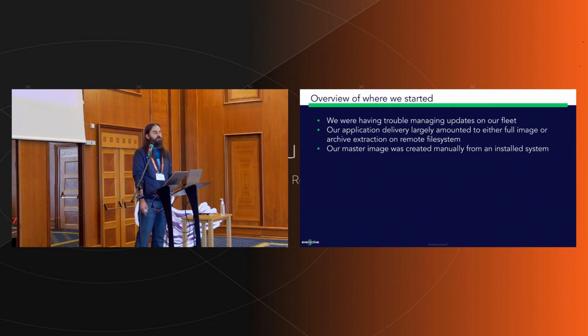A big pain point at that time was how we were delivering our applications. Essentially, we had two methods. We could either flash a device from scratch, essentially a factory image, or we would deliver a tar archive remotely via SaltStack and essentially extract that on the device.